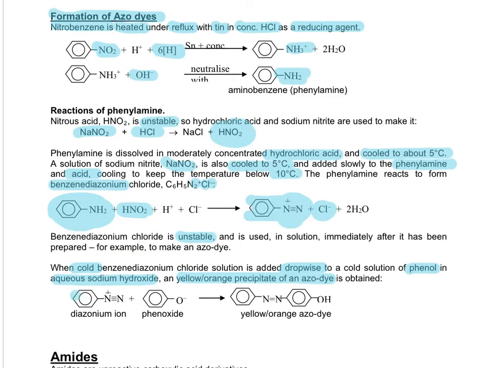So take your diazonium ion here, and it actually reacts with the phenoxide, so that's from your phenol, but it's the O minus variation, and you get a link between the nitrogen here and this part of the ring. So it attaches opposite the OH, and this linkage here, this is known as our azo dye.